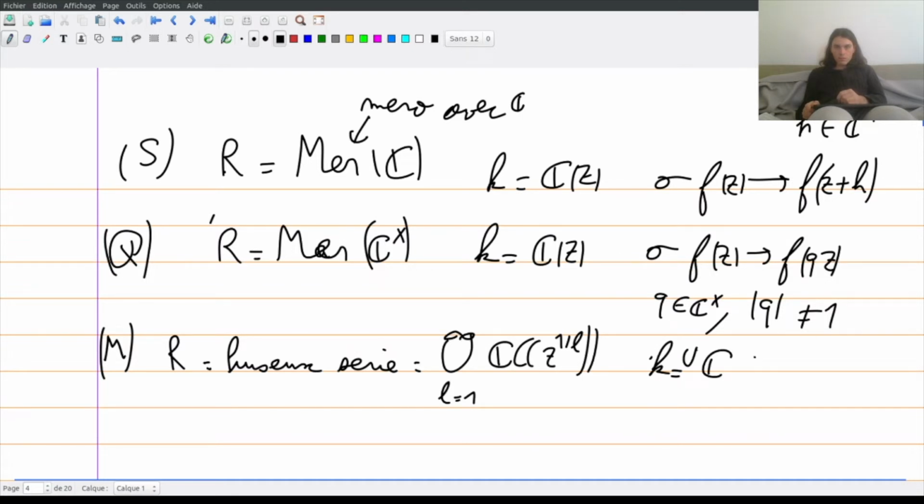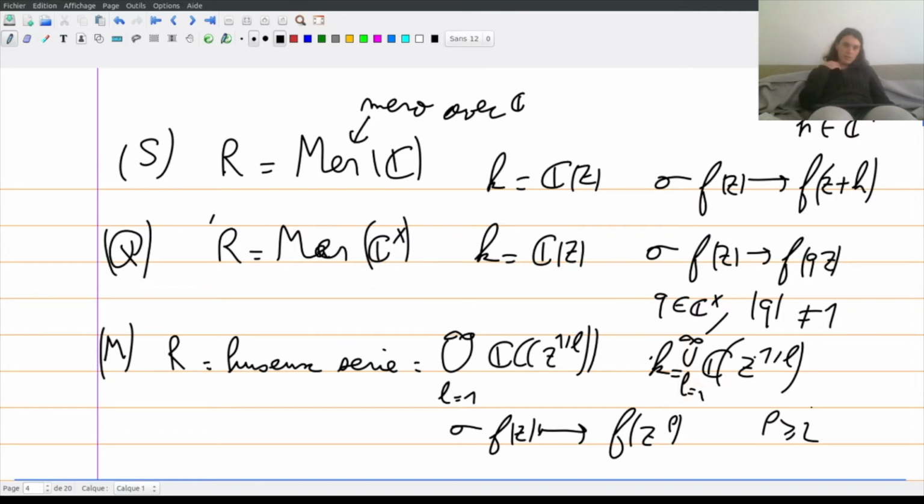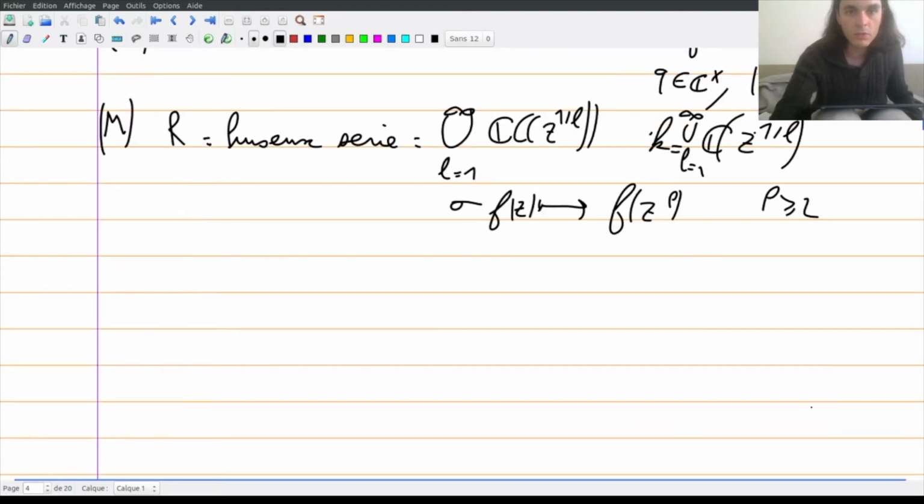For K you will take rational functions in a rational power of z, and sigma maps f(z) to f(z^p), where p is an integer bigger than 2. So here you have to take ramification because you want sigma to be invertible.